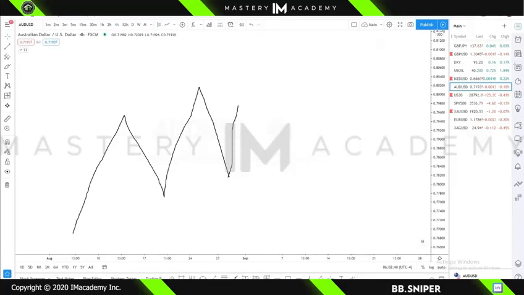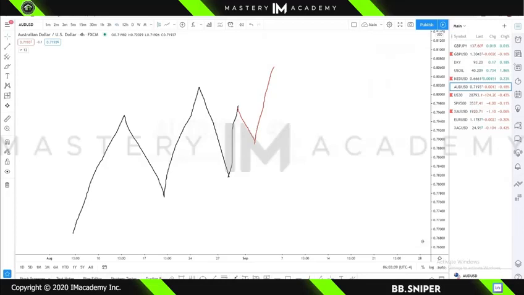I'm going to change the color here. Let's say we have a valid 1 hour higher low created inside of that 4 hour range, and then the 4 hour eventually makes a higher high.